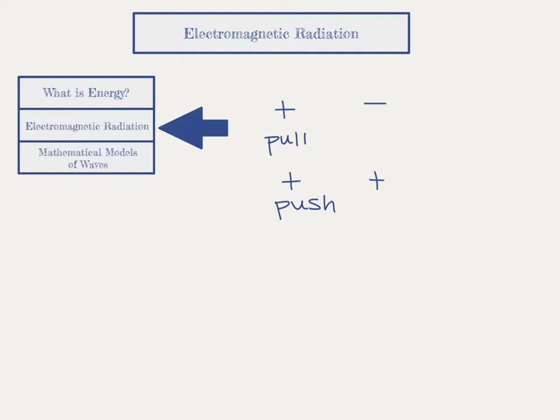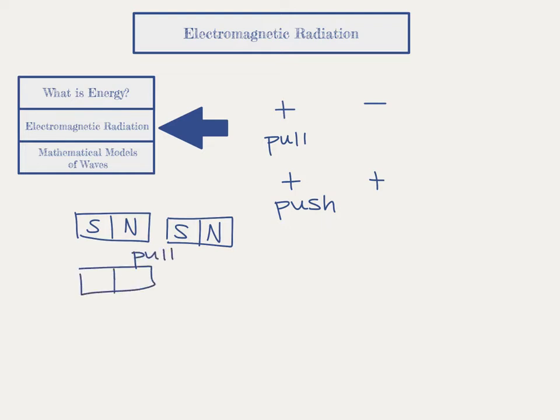Magnets can also attract or repel each other, depending on if you have the north and south parts of a magnet facing each other, where this would attract, or opposite to each other, where they would repel. Both of these types of forces, electric forces or magnetic forces, apply over a distance, but they are still a type of energy, even though you cannot see them.